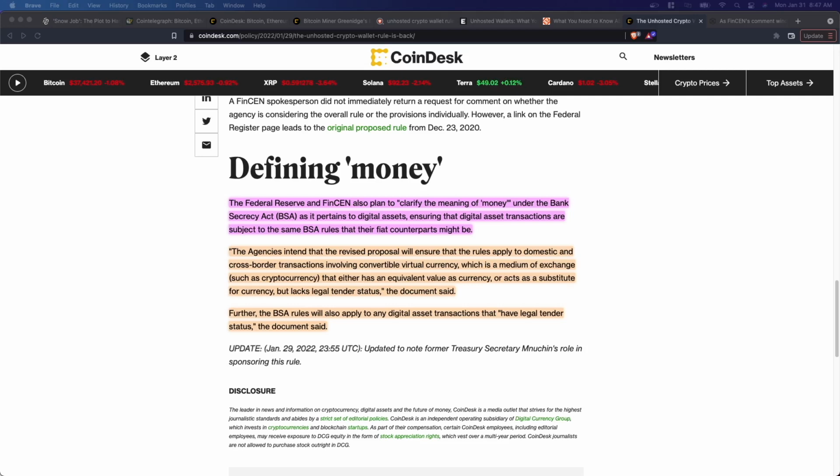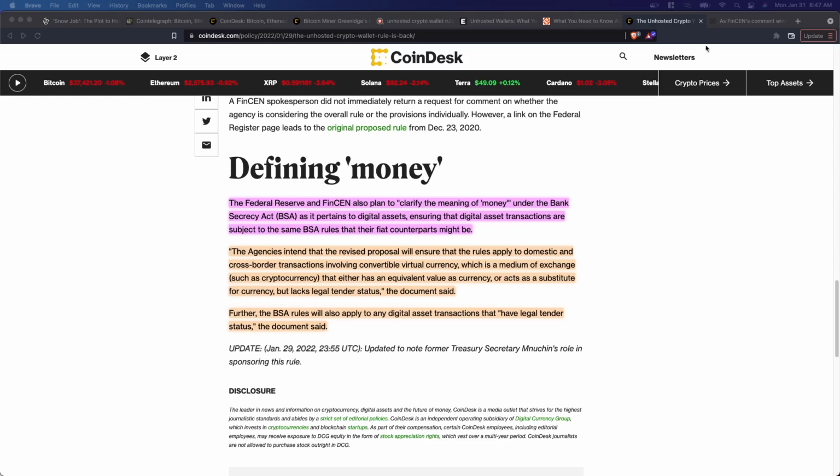They'll classify crypto as a commodity or property for the purpose of taxes, but at the same time try to treat it like fiat or money. So even though you wouldn't be taxed on money in the same way you would be on capital gains, they want to treat it the same way for the purpose of tracking it. So it's one of those examples of trying to have their cake and eat it too. But ultimately, the government's going to do what it wants to do.